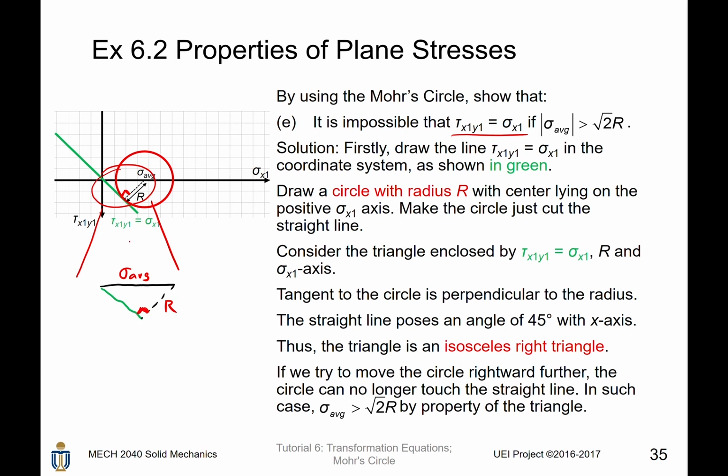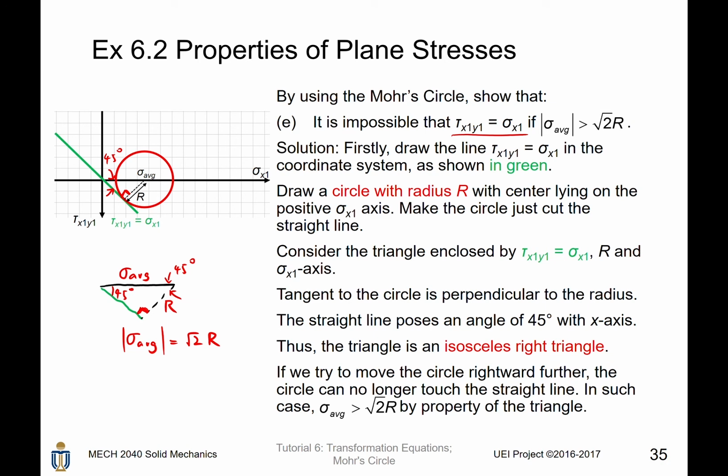At the same time, this straight line has an angle of 45 degrees. So this angle is 45 degrees, which means this angle is 45 degrees as well. Then it is a right-angled isosceles triangle. That is, sigma average equals square root 2 r.